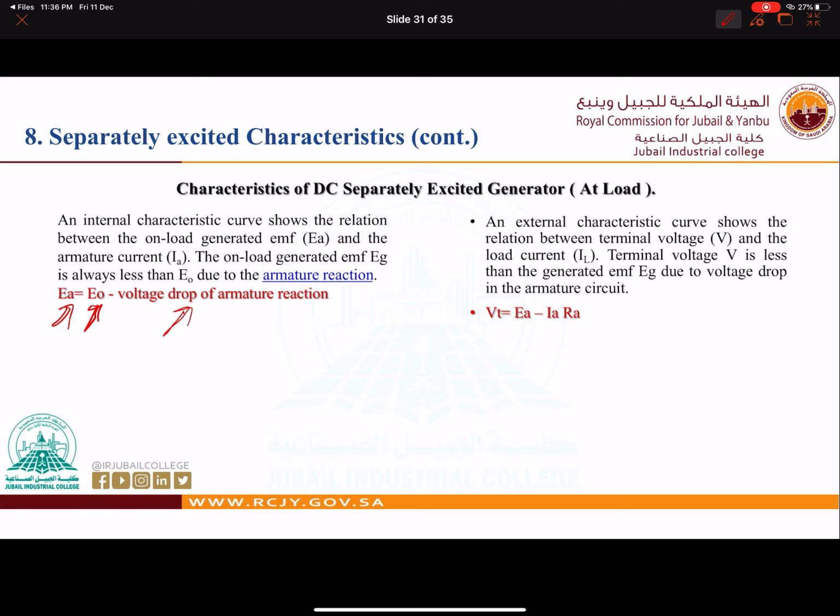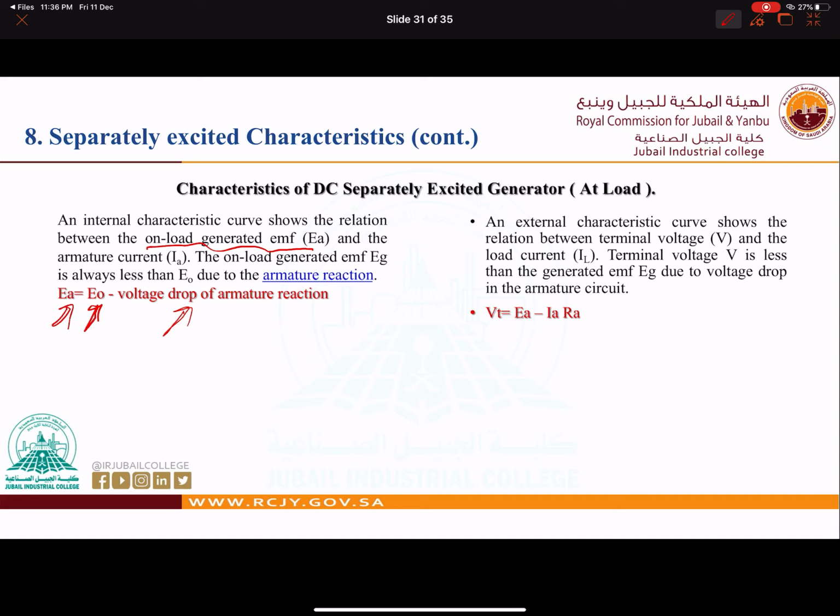So EA is equal to E node minus the voltage drop of the armature reaction, because in the case of on-load generated voltage, we have an armature current, and this will cause armature reaction for us.